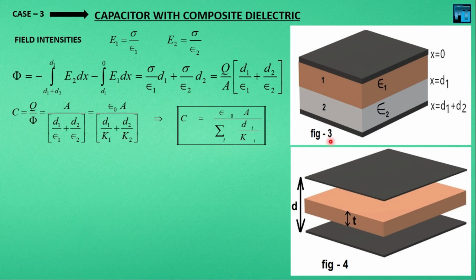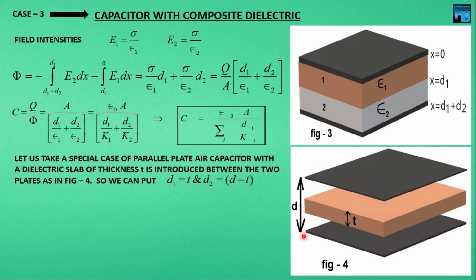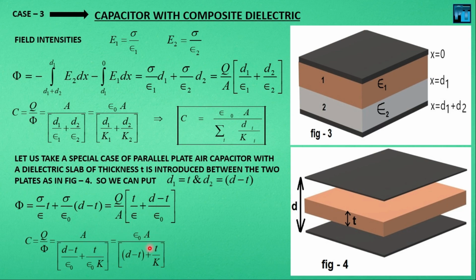But we can use the composite dielectric equation for this one also, because we can write d1 as T and d2 as d minus T. So we shall use this method to find the ultimate C. In place of d1 we have written T, and in place of d2 we have written d minus T, and this is just the rearrangement. So we have C equals epsilon naught A by (d minus T plus T by K).